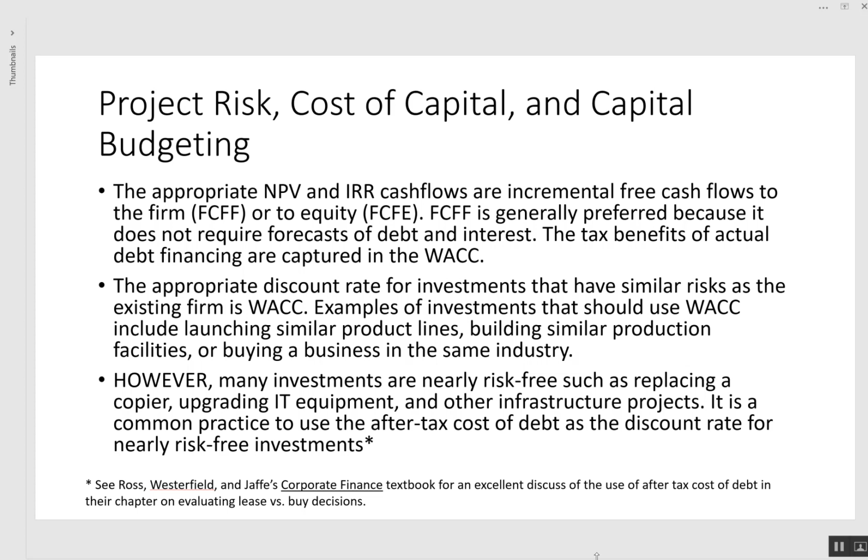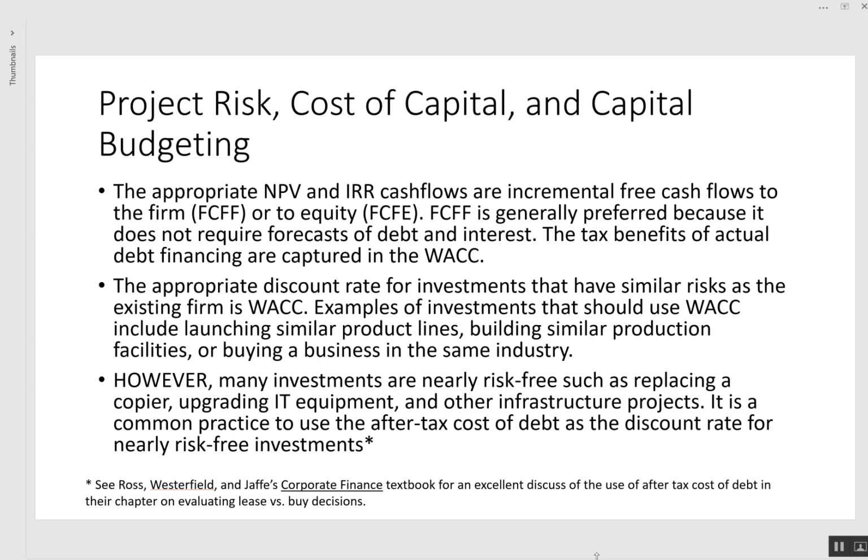So really, the weighted average cost of capital reflects the risk associated with the firm's business. Therefore, the projects that you're evaluating that have the same risk of the business, again, opening a new store, launching a new product line within your industry, should use the weighted average cost of capital.